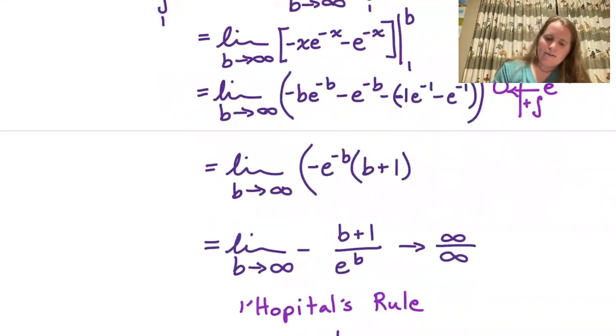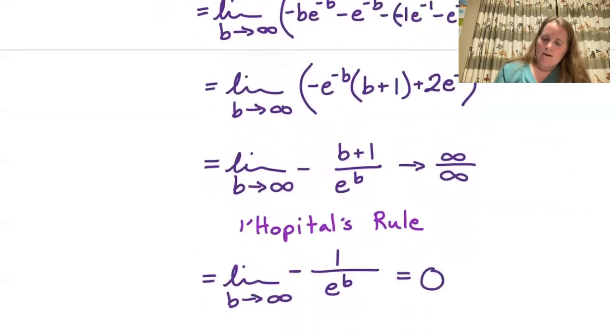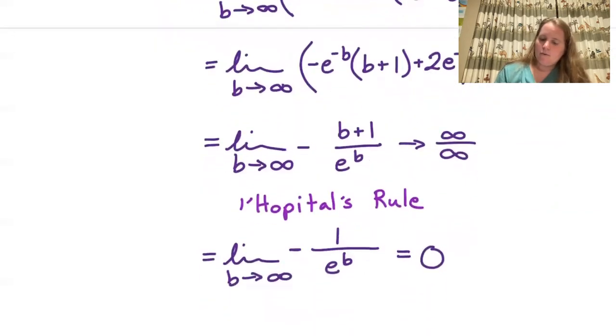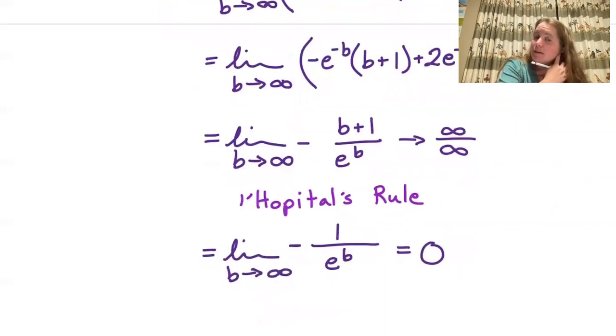So that gives us, we have e to the negative b times b plus 1, and then we should have had plus e to the negative 1. Sorry, plus 2e to the negative 1. Or plus 2 over e. The limit of the b plus 1 over e to the b component will go to 0.